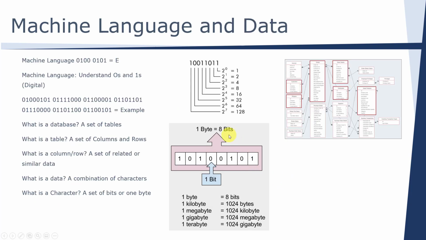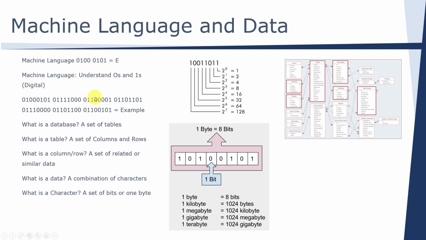Now, the idea is for you just to understand that a table is basically a collection of various data. Now, the machine, how it translates is basically the bits; the character gets translated. So, for example, if I want to type E, it gets translated to machine language using the binary digit format.